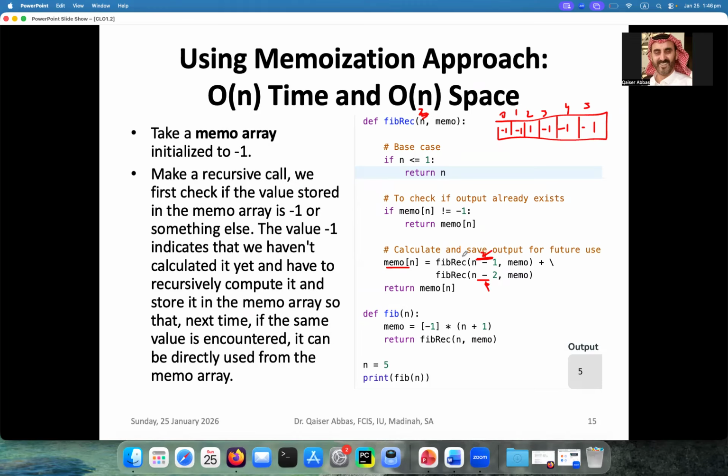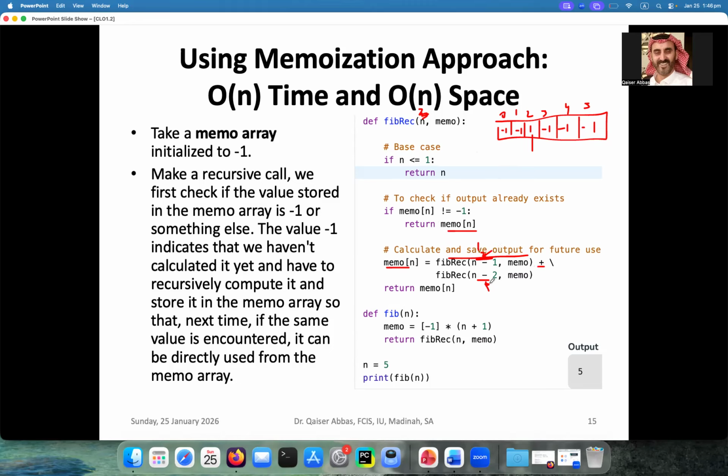So f of 2: when you are calling f of 2, n is equal to 2, the condition 2 less than or equal to 1 is false here. Is memo[2] not equal to -1? Yes, when you check, it is not equal to -1. When it is not, return memo[2]. For f of 2, it will give you that value, which is 1. So that value would be returned here.